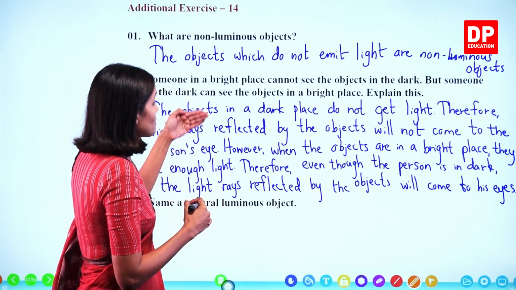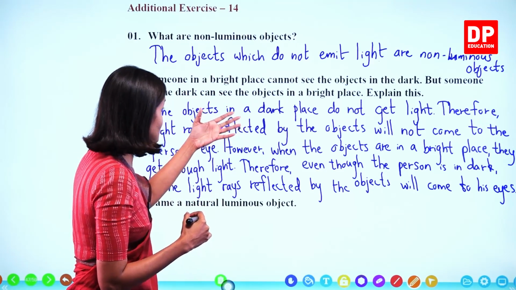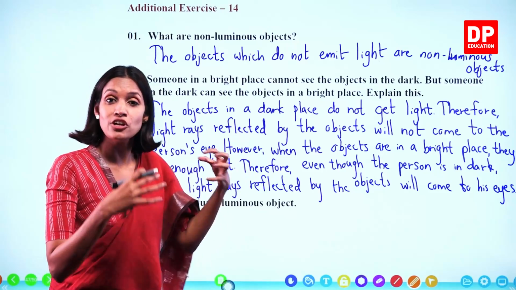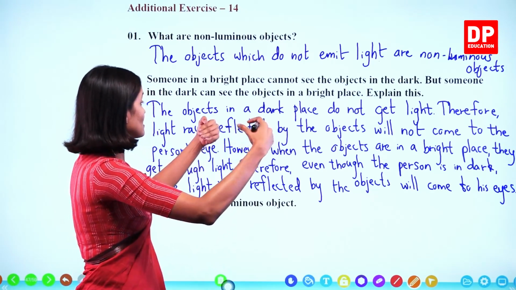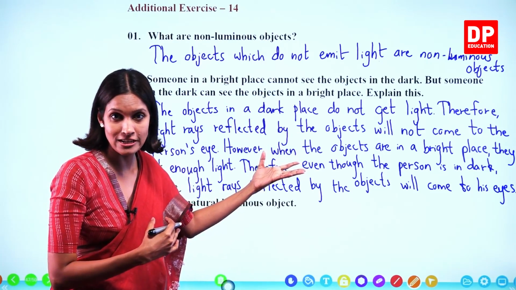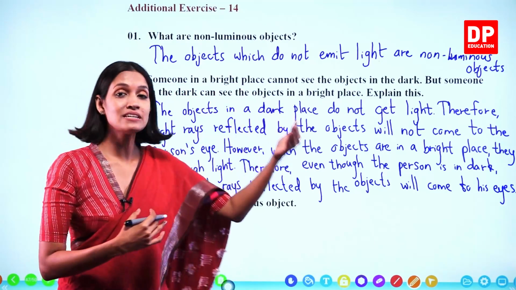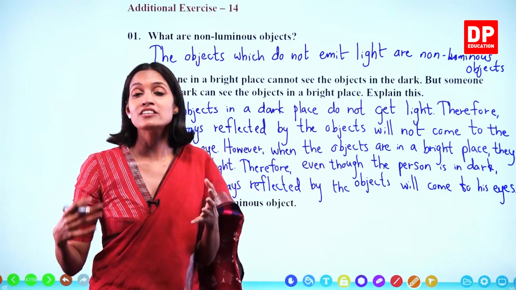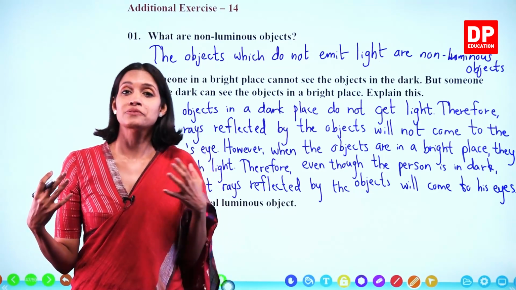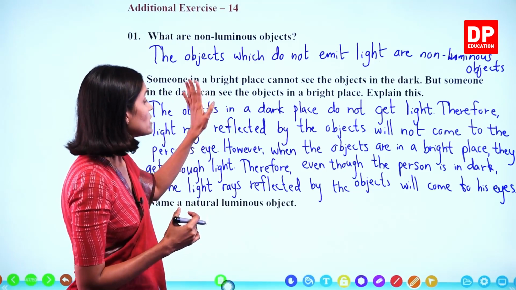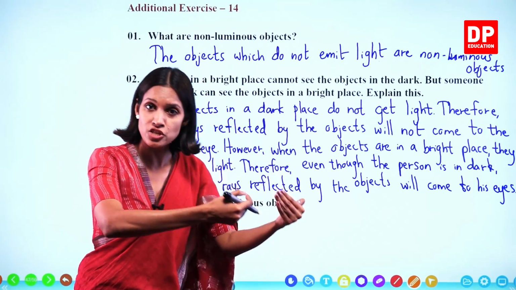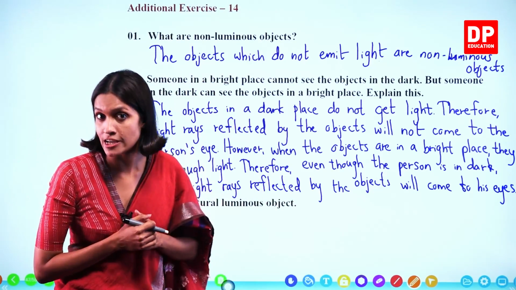But here, because the objects are in a dark place, they will not get enough light, right? So in order to reflect the light, there is not enough light. So even though the person is in a bright place, because the objects do not get light, the person cannot see the objects. Because in order to see the objects, these light rays should enter the person's eyes.